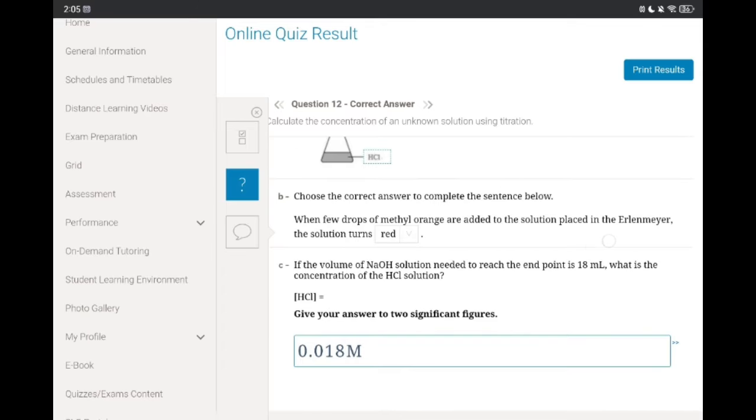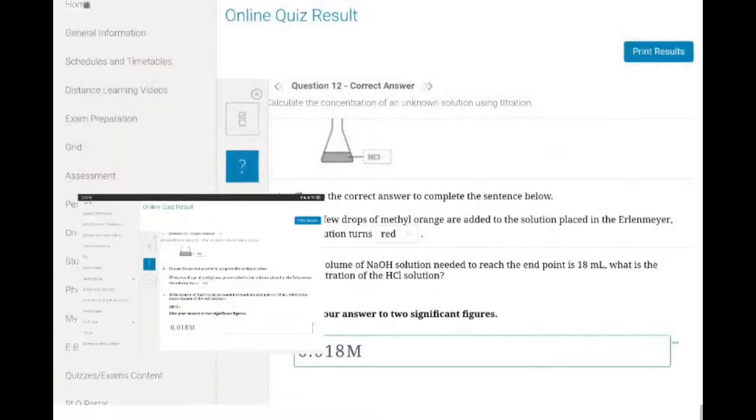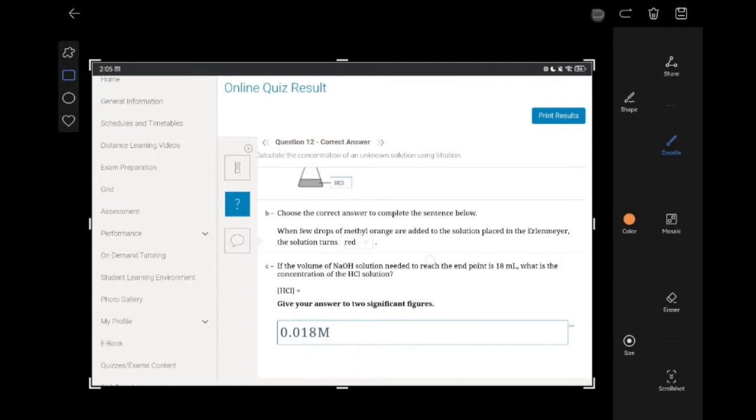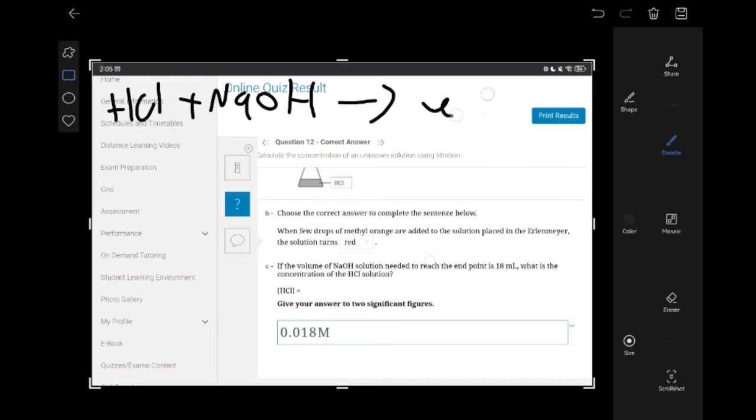Now here they give you the volume of NaOH, 18 milliliters. If you write out the equation, it's HCl plus NaOH gives you, it's not important. If you check here, it's a 1-to-1 ratio. So however many moles this gives, this also gives.